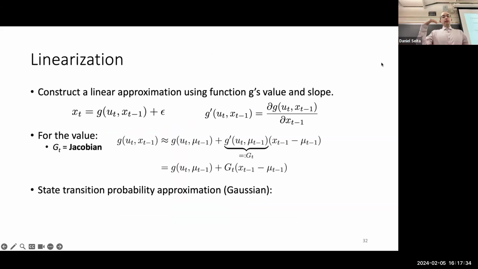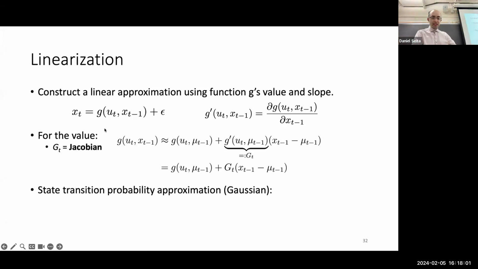And so what we do here for the extended Kalman filter is linearization on G as well as H. G and H were those arbitrary functions that we assume describe our state transition and the measurement or observation probability.